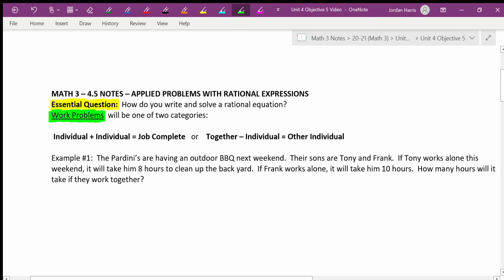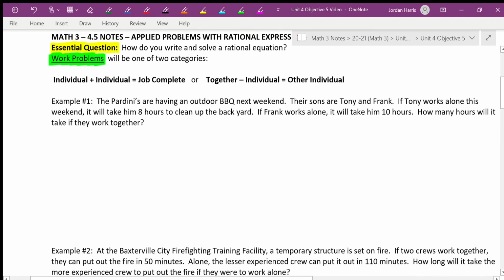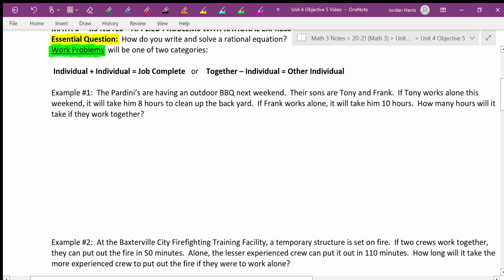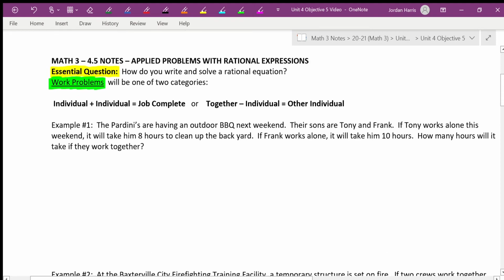With work problems, you have the individual plus the individual equals job complete, or you could have together minus individual equals other individual.